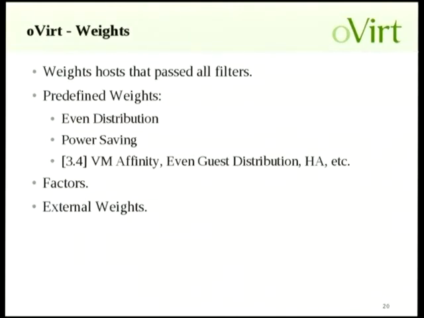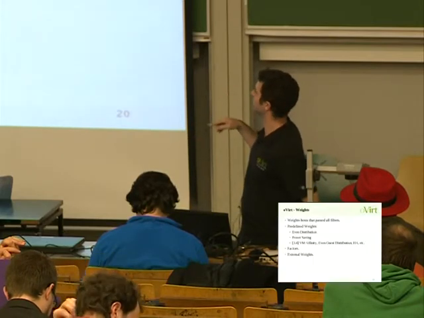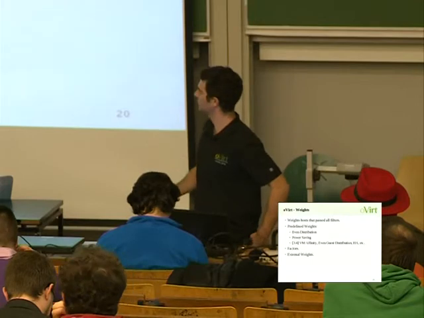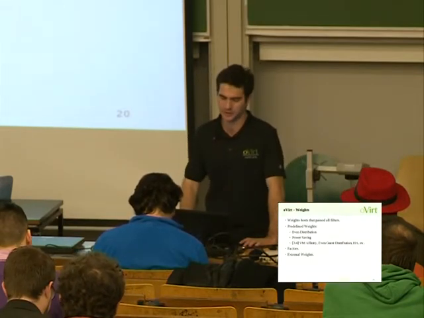Let's talk about the weights. It weights all the hosts that pass through the filters. We have the predefined weights, the first two being CPU load, and then in 3.4 we added a lot more weight models, which is kind of easy now to add because we had the new architecture.